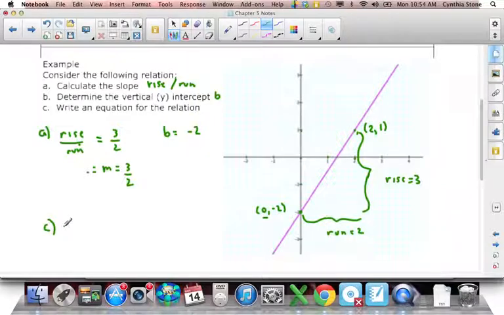Well, the equation is y equals mx plus b. Y equals 3 over 2 x, and it's minus, so I don't write a plus, I write a minus 2. And that's my equation for the line.